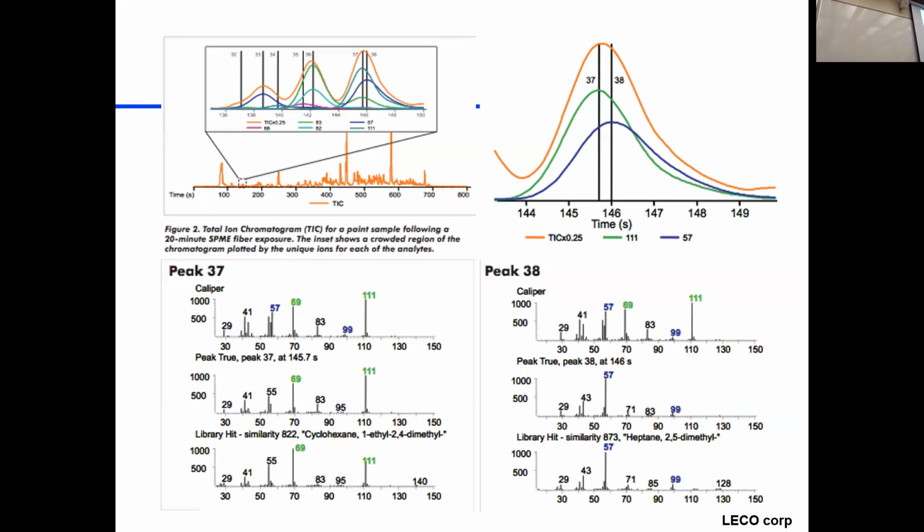So you're doing a little backwards perhaps, but it says, okay, this set of ions, this set of fragments, I can find in my library, this is what it is. Oh, and we got this other set over on this side, that's the 57 and 99 moving together, and that's 2,5-dimethyl heptane. So we're not separating that peak by the machine, but the mass spectrometer is separating that into components.